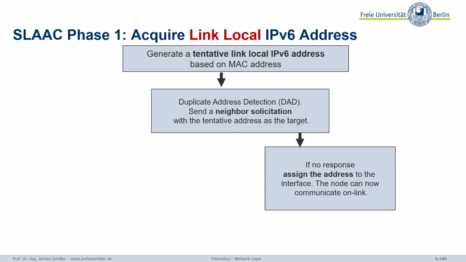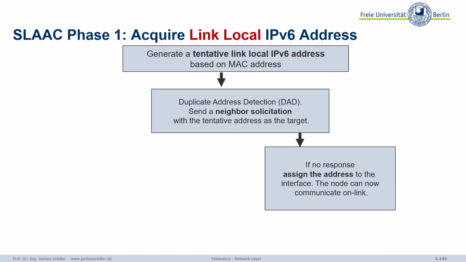And the key idea now is we can immediately communicate using a valid link local IP version 6 address. Remark, this is not a global IP version 6 address. So we cannot use this address now to send packets around the globe, because the global address has to be unique worldwide.